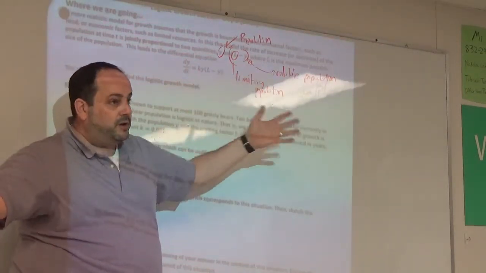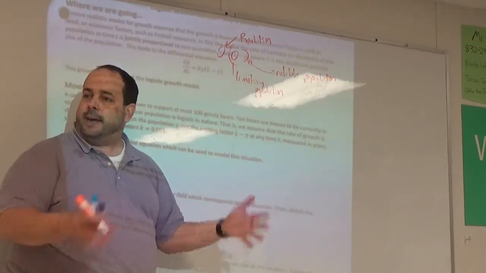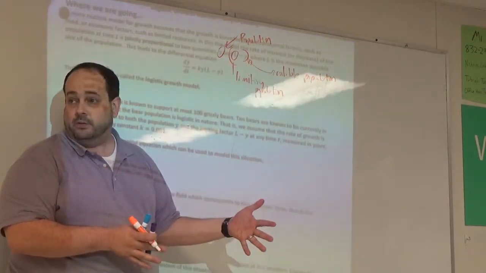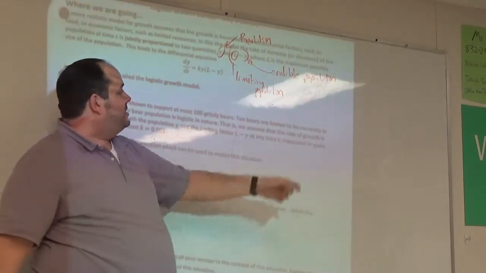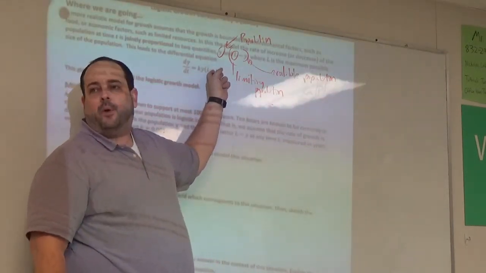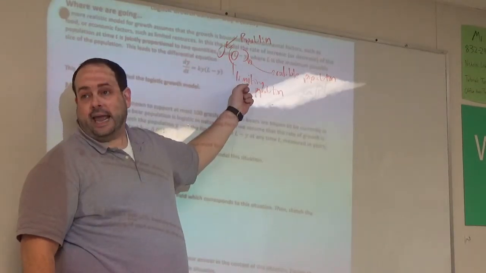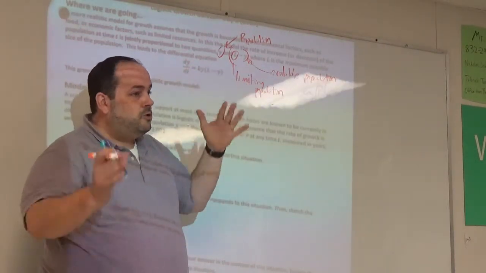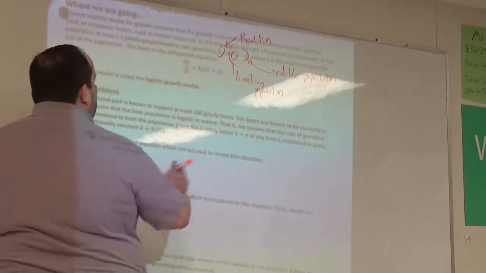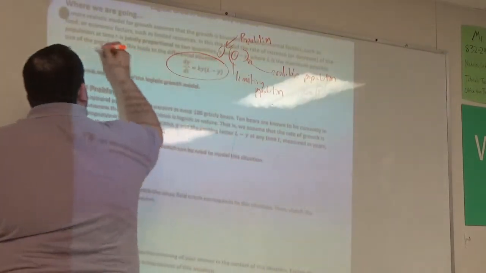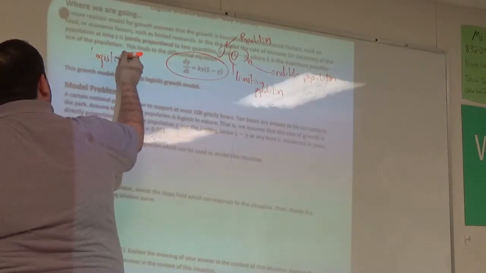So if Rogerberg can support 10,000 and my current population is 2,000, the amount left that I can support is going to be 8,000. It's how much I could support minus how much I currently have. And just like you know the exponential model, and when you see it, you're like, oh, jump to PERT, this guy here is your logistic model.